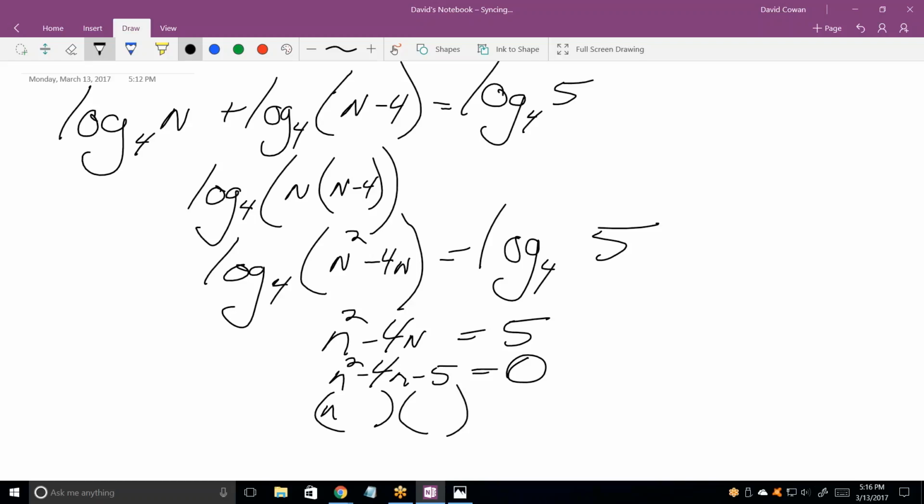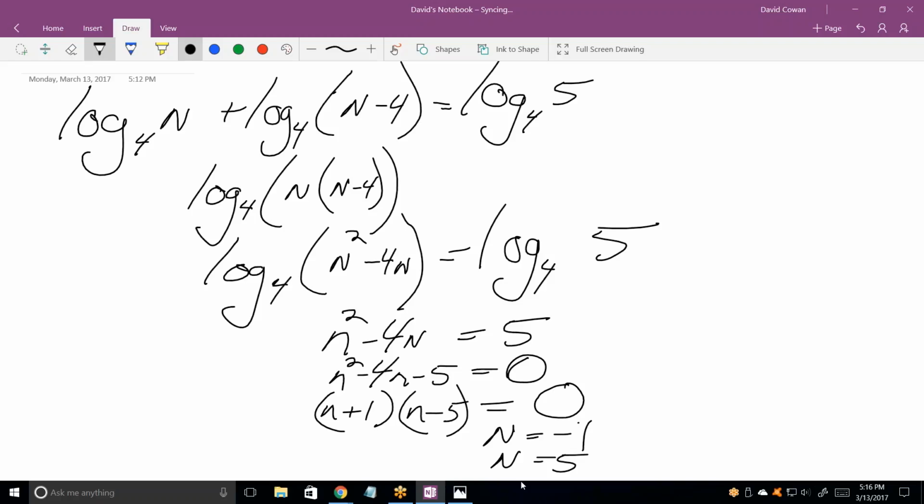So you get n and n, plus and minus. It's going to be plus 1 and minus 4, I think. Minus 5. Remember, the two numbers have to multiply to the constant, minus 5. Okay? So that appears to give us a solution of n equals minus 1 and n equals 5, correct?